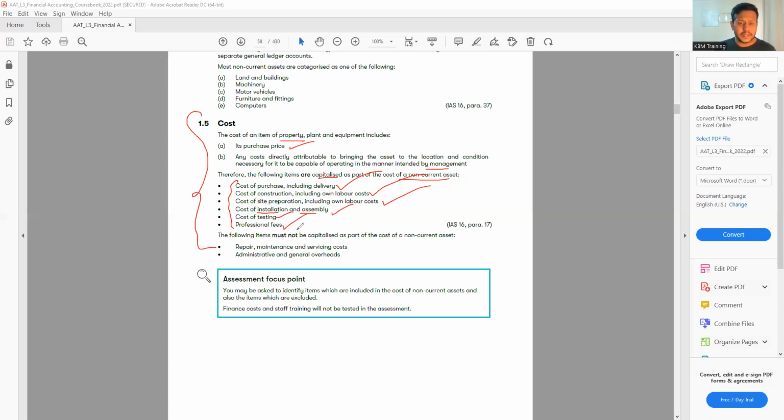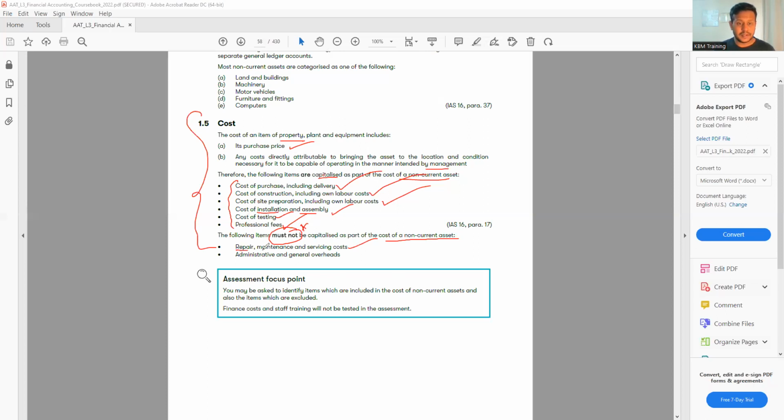The following items must not, very careful, must not be capitalized as part of the cost of non-current asset. Repair, maintenance, and servicing cost. So these three cannot be part of the cost.